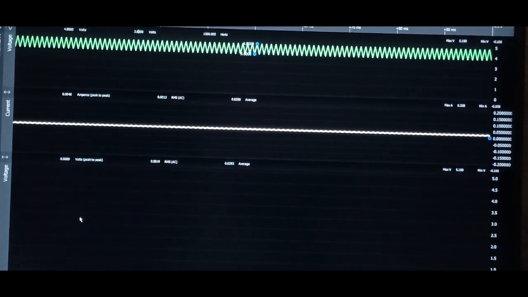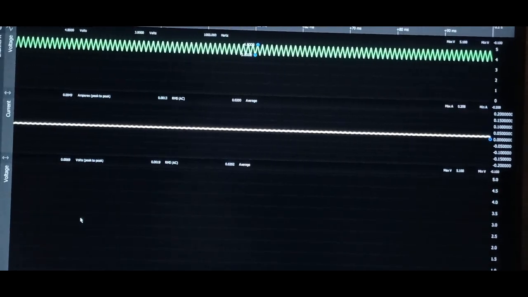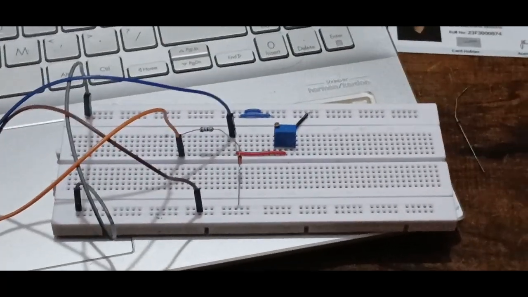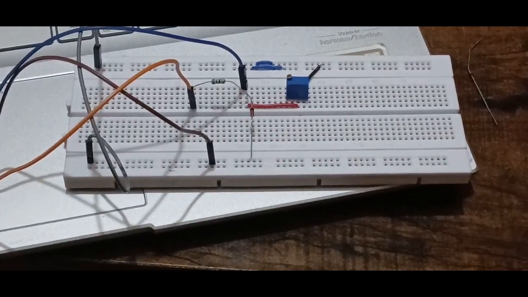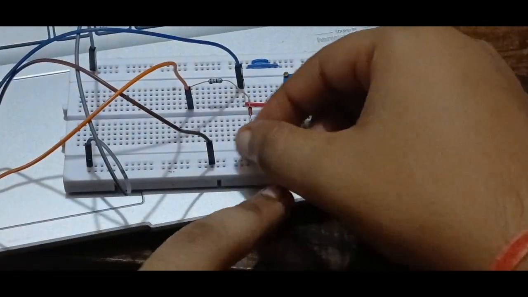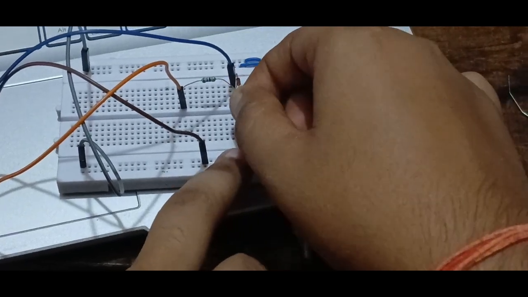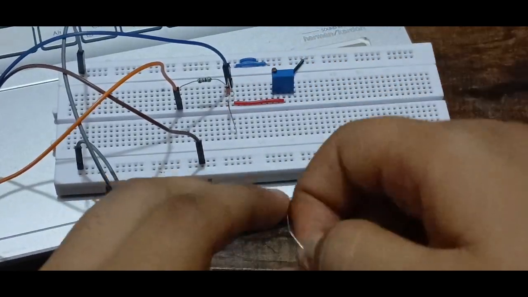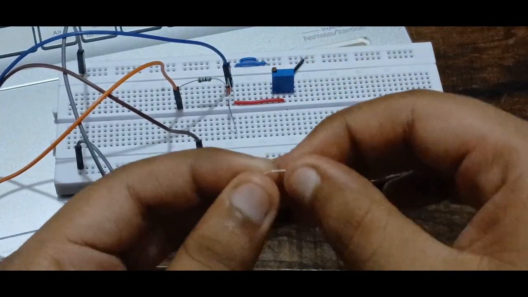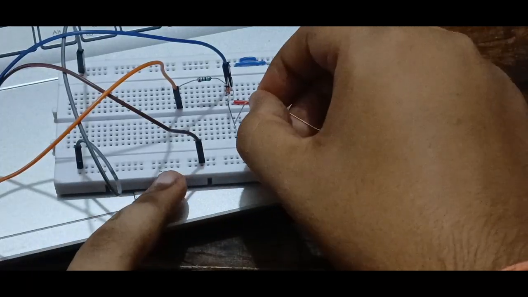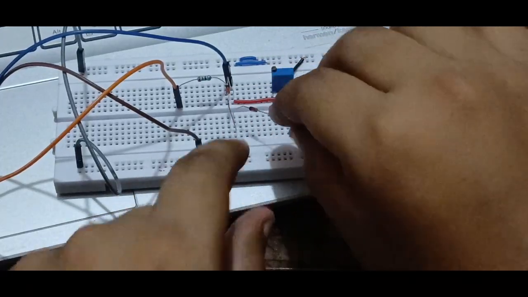Okay, so now I'm going to add another Zener diode in series with the Zener diode, which has a breakdown voltage of 3.6.